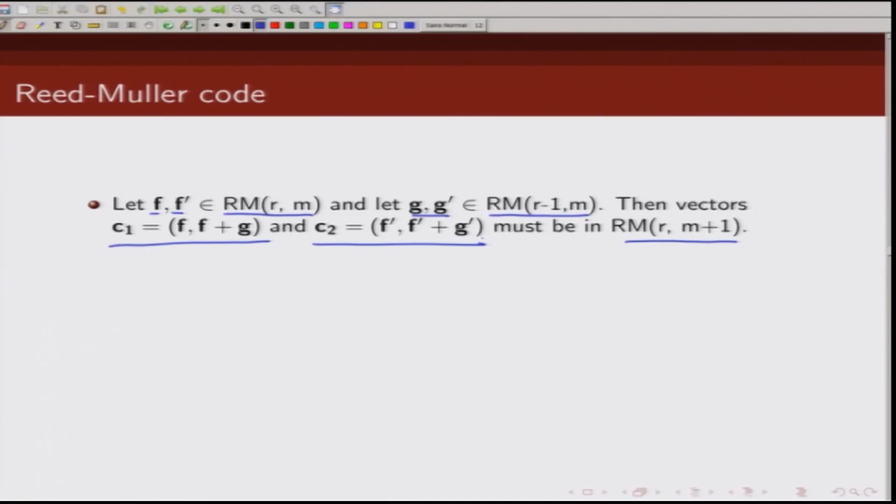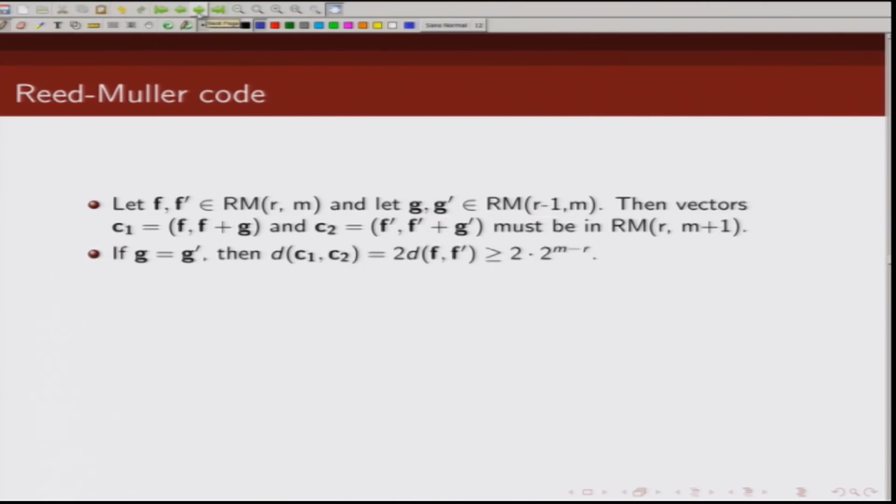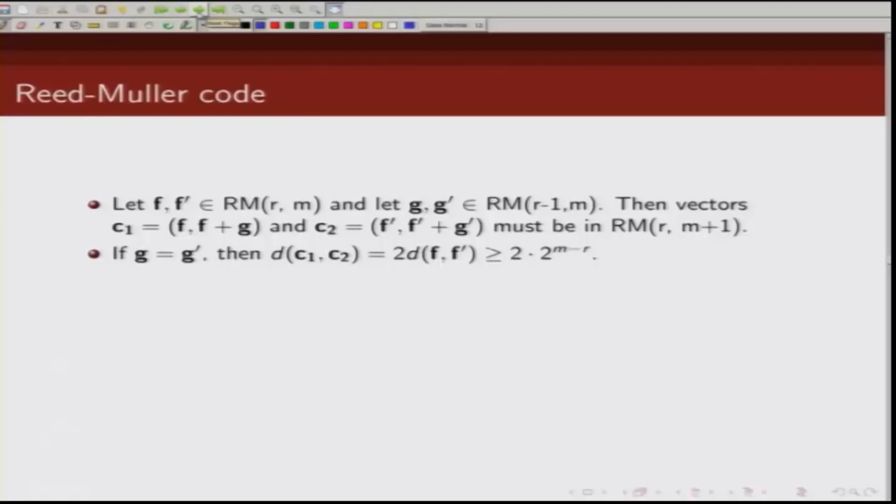So, C1 and C2 must be code words for this Reed-Muller code. Now, let us try to compute the minimum distance between these codes C1 and C2, which are code words of the Reed-Muller code of order r and length 2^(m+1).